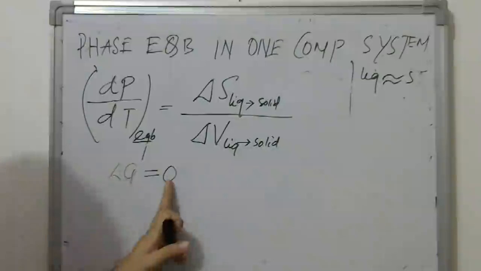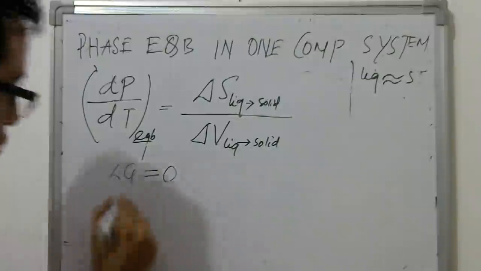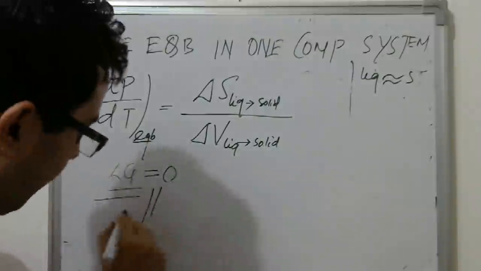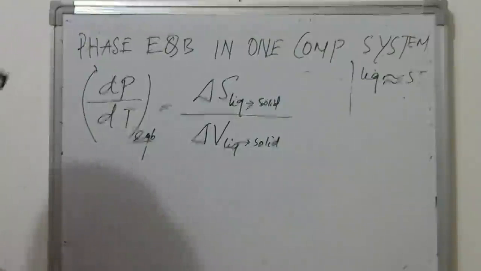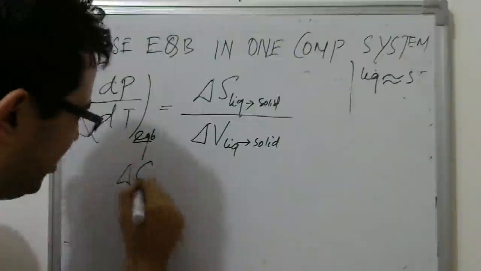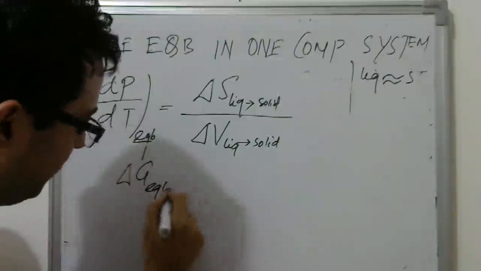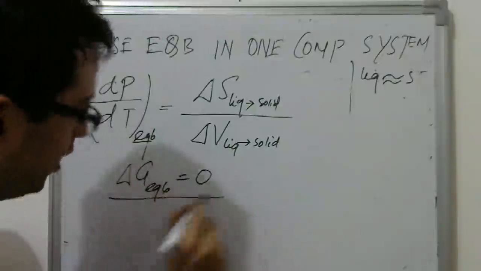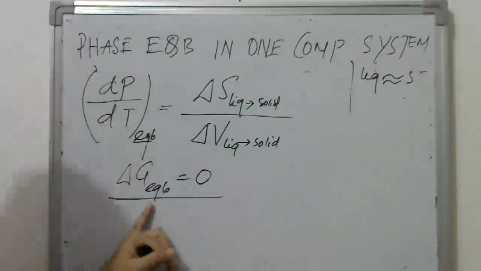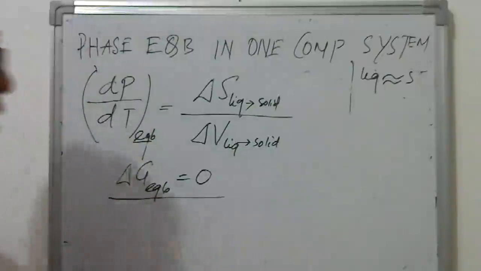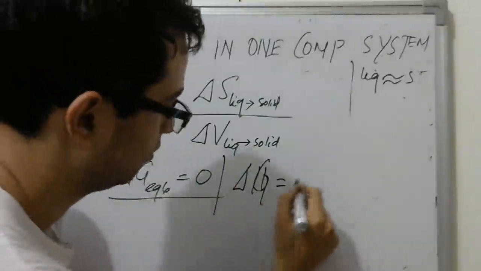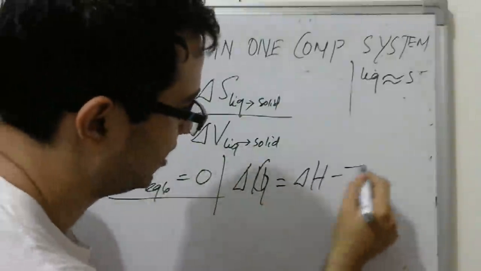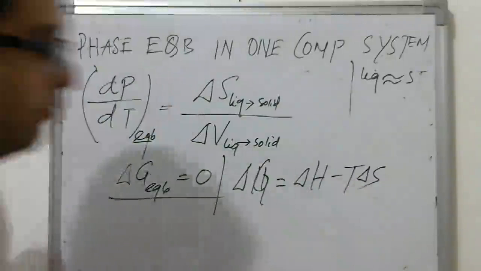So delta G at equilibrium is 0. At equilibrium there is no change in free energy, right? So delta G equals delta H minus T delta S, right?